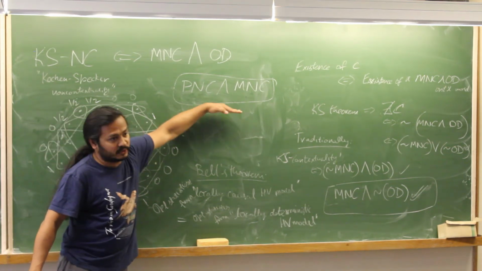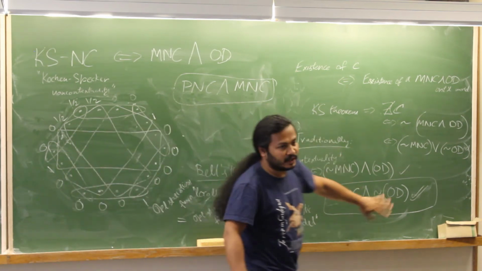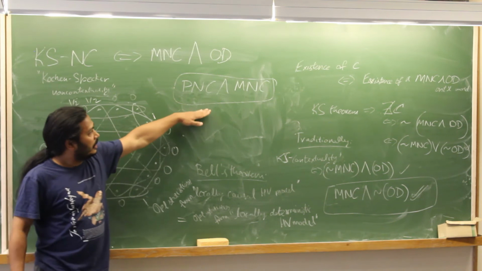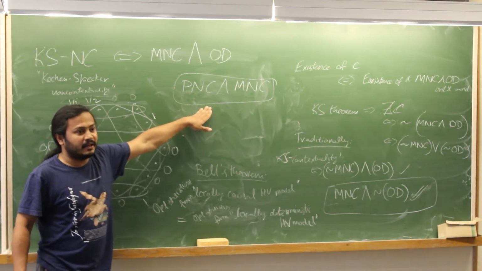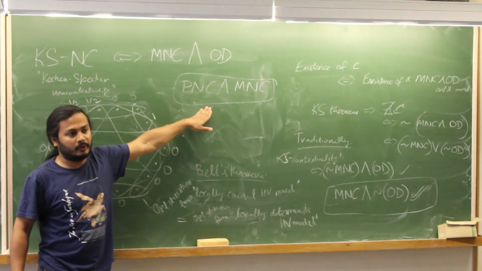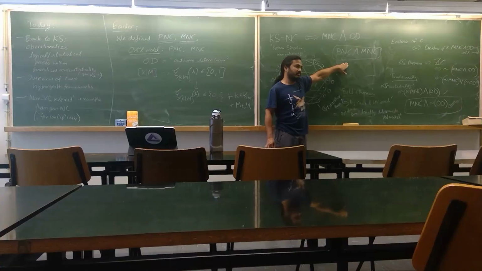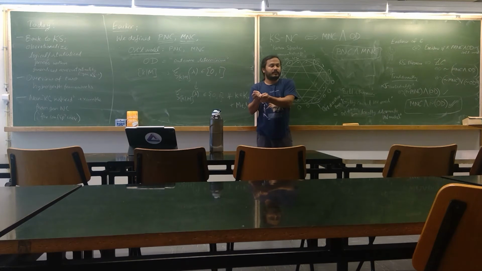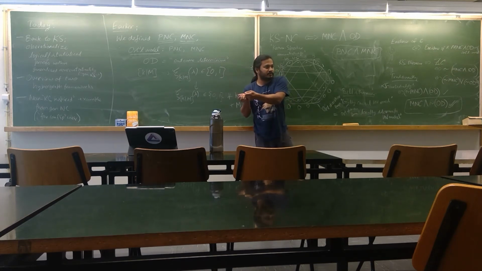So the next thing I'm going to do is use these two assumptions without any outcome determinism, so there will be no outcome determinism assumed anymore, and see how what we learned from the Kochen-Specker theorem can be ported into a framework for contextuality which doesn't assume determinism.